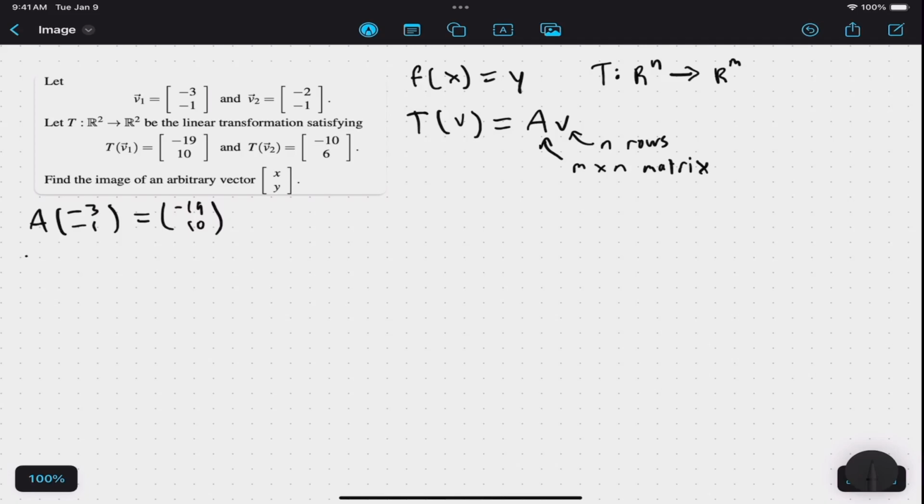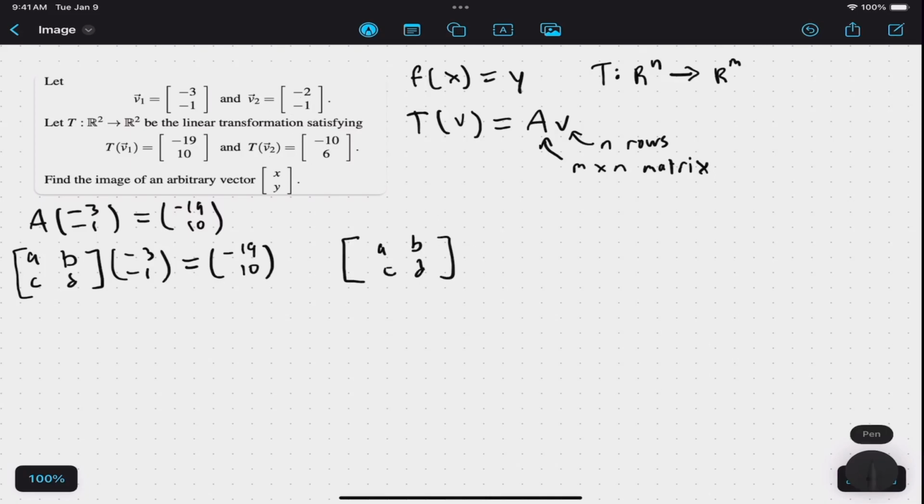So I'm just going to write A as A, B, C, D. Now I'm going to do the same for the second equation. So if we do the multiplication, we get the following system.